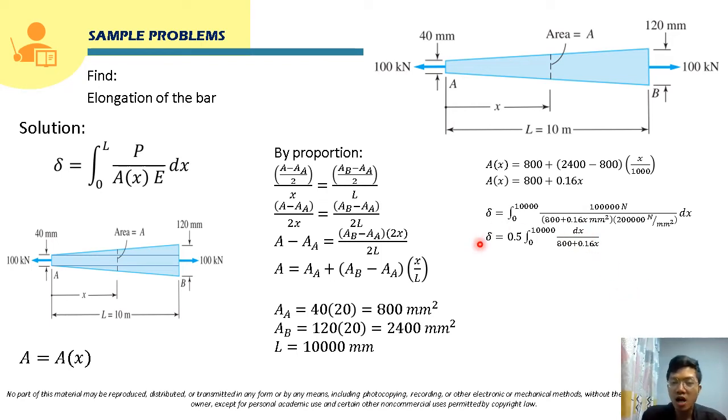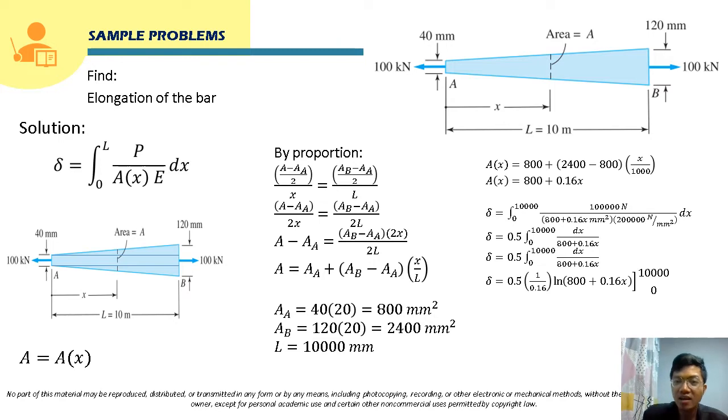So here, from what you learned in integral calculus, we can integrate this. We can use ln here. So this will become ln of 800 plus 0.16x, and we will have here this neutralizing factor of 0.16. So this will become 0.5 times 1 over 0.16 ln of 800 plus 0.16x.